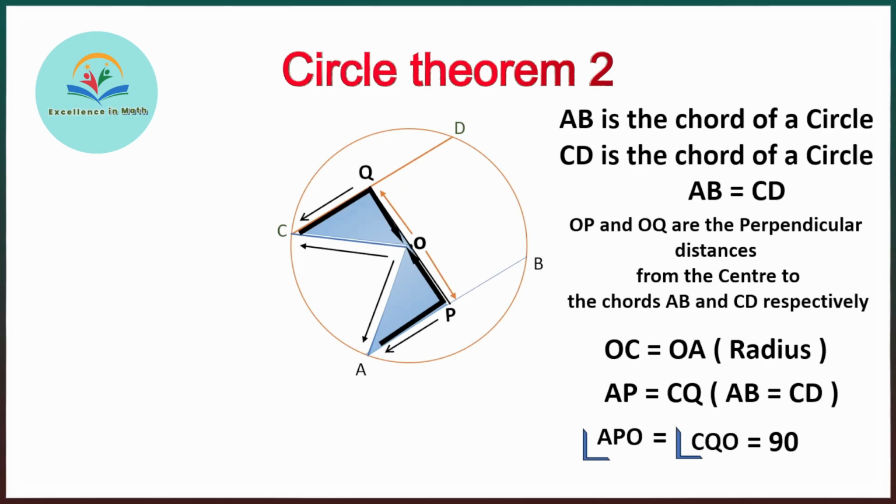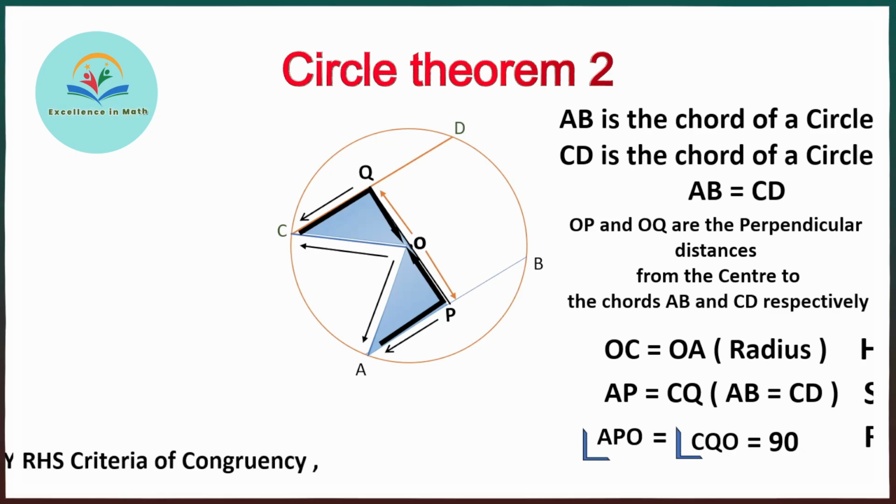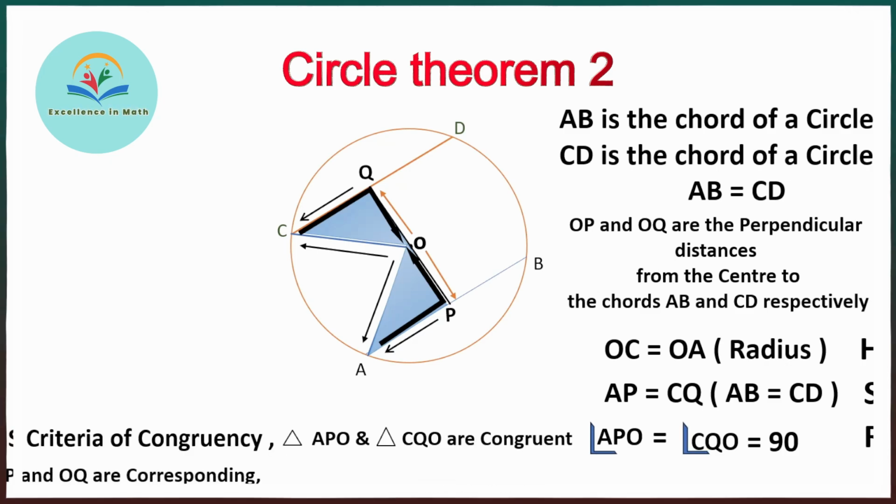On observing the right angle, the hypotenuse and one side of these two triangles are equal to each other. By the RHS criterion of congruency, we can say that triangle APO and triangle CQO are congruent. On observing, we can say that OP and OQ are corresponding sides. Am I clear?